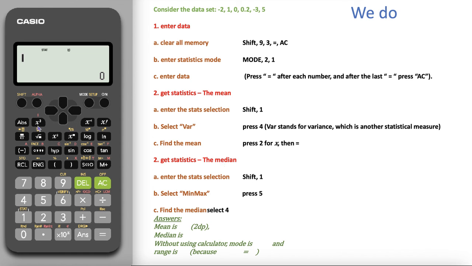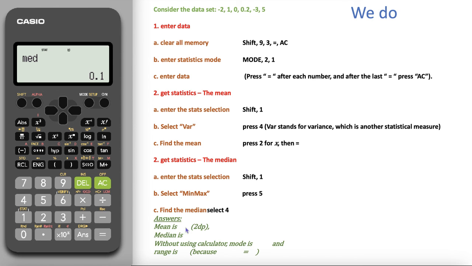Right, to get any statistic, you press Shift 1. And remember, the median is under min-max. So we're going to press 5 and 4 for median. 4 equals. Okay, 0.1.